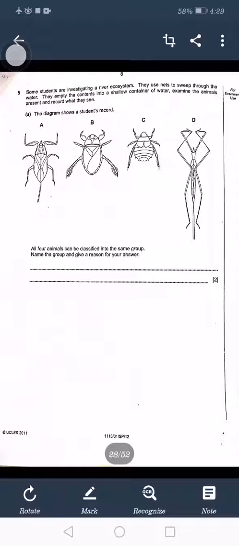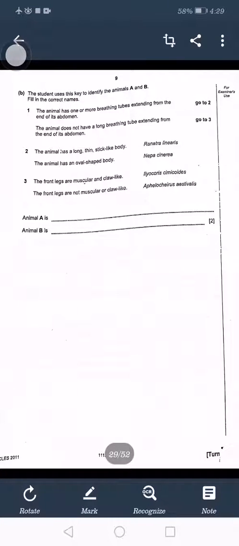So we have to write the name of the group insects. طب ليه قلنا كده؟ بيميزها حاجة كلهم jointed legs. okay كلهم jointed legs. يبقى write الانسر arthropods, 3 pairs of jointed legs.